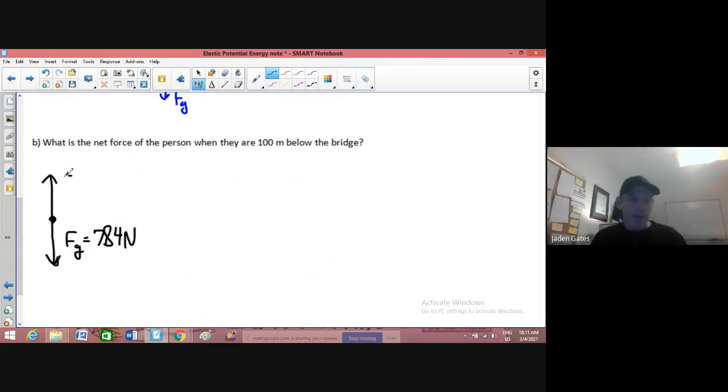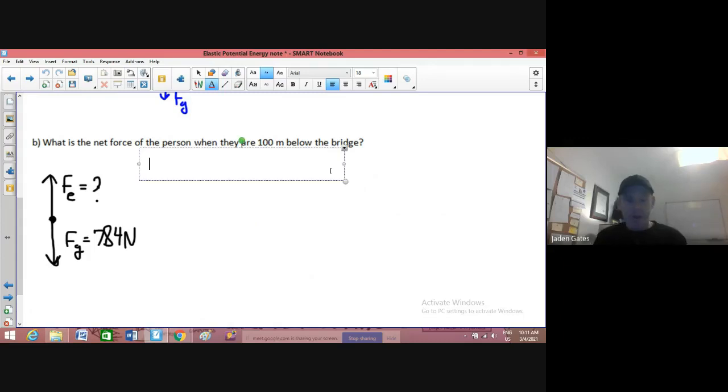We have the elastic force, which is pushing up. I don't know what it is yet. Now, again, we're looking for the net force. And of course, the net force is adding up all our forces. So the net force is equal to Fe pulling up, Fg, of course, pulling down. I'm looking for my net force. I already have Fg, so I need to find Fe.